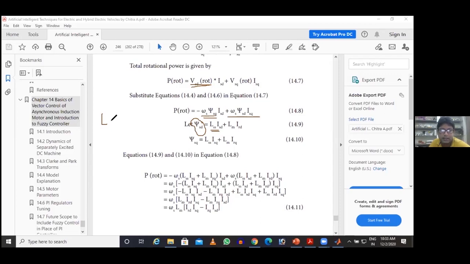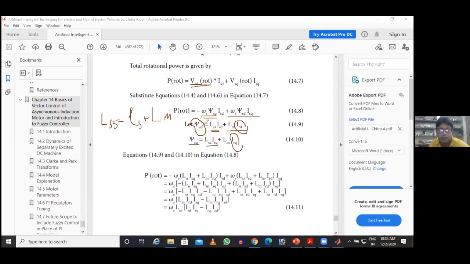What is L_SS? L_SS is the total inductance, leakage plus mutual. And the mutual part is coming from the rotor side, so that's why I_RD. Similarly, psi_SQ, the stator quadrature axis flux, is equal to the total stator inductance into I_SQ plus the mutual part coming from the rotor quadrature axis.